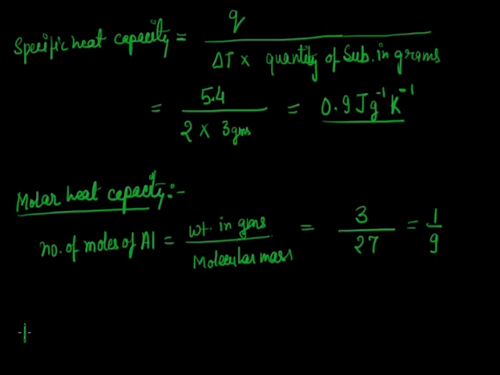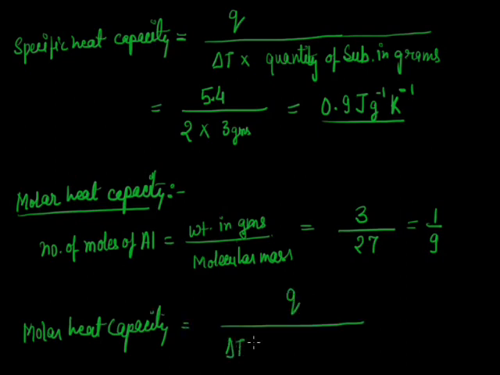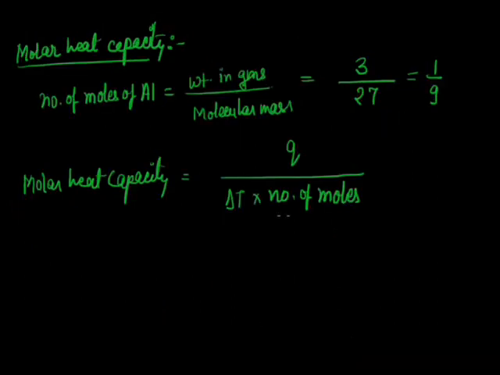So the formula for molar heat capacity is equal to Q divided by delta T into the number of moles of the substance. We can put the values here. 5.4 is Q, the temperature difference is 2 and the number of moles is 1 by 9.